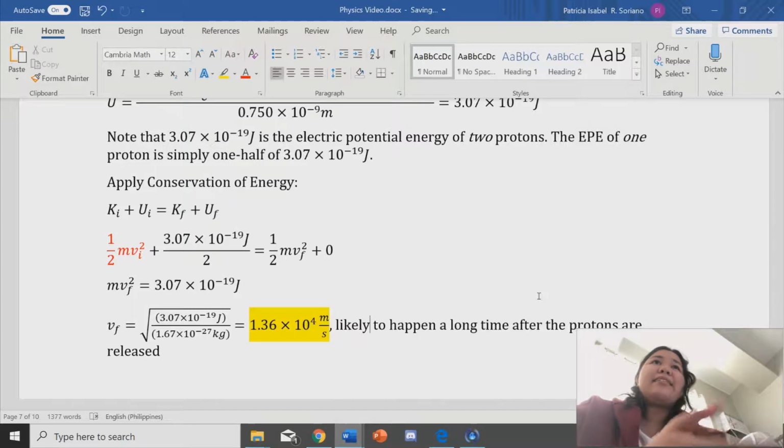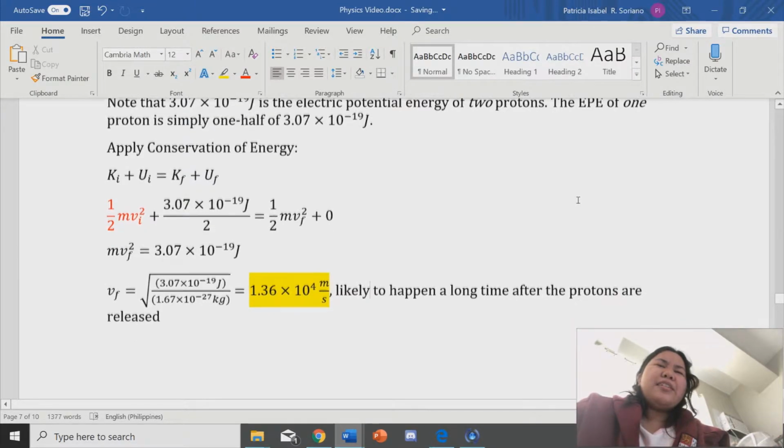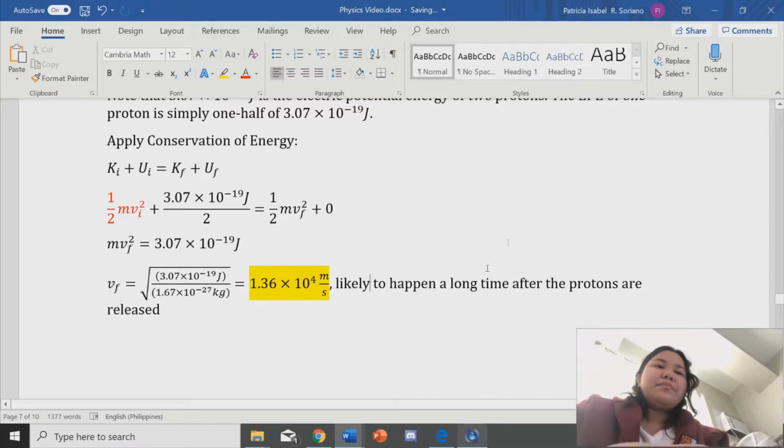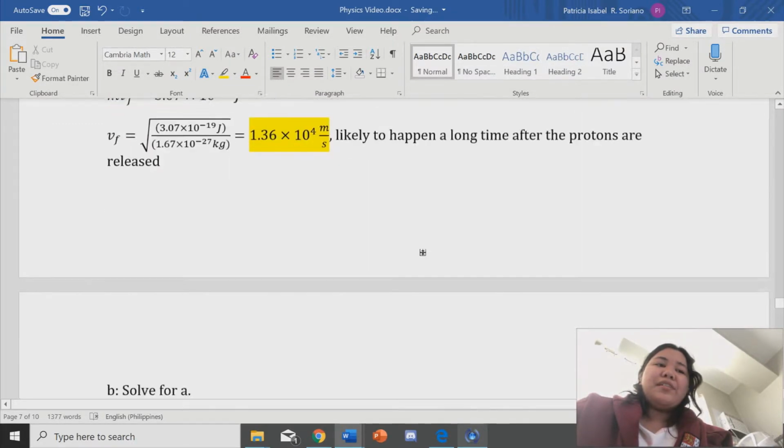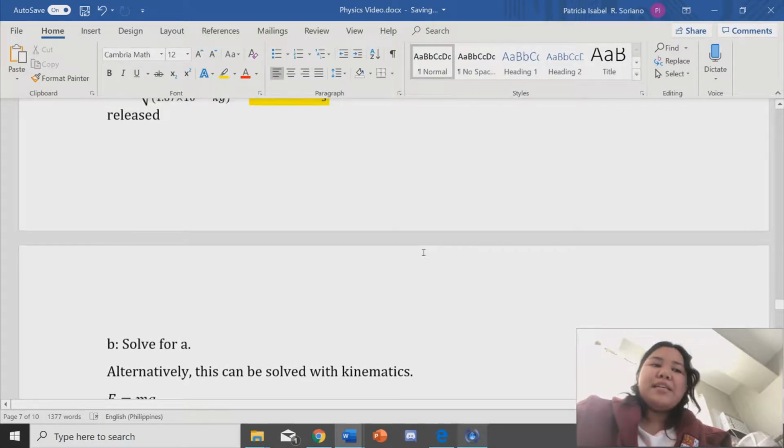That will take time, so in short, that wouldn't happen immediately after release. It would take time. And now for our next part of the solution, our part B.